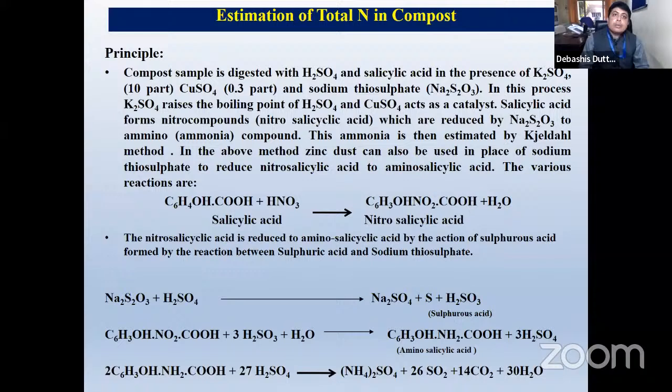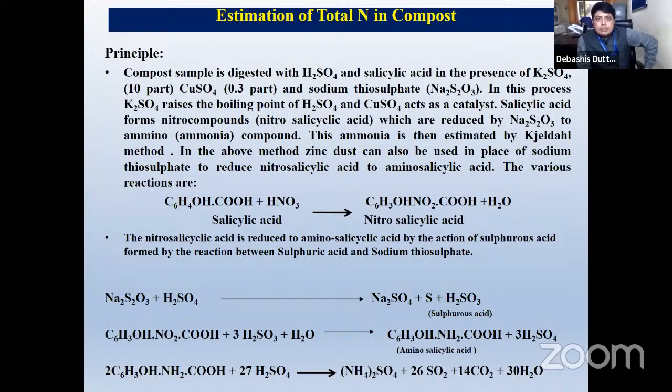In the estimation of total nitrogen in compost, there are two forms of nitrogen, the nitrate form plus the amide form, which is present as protein in the organic source.